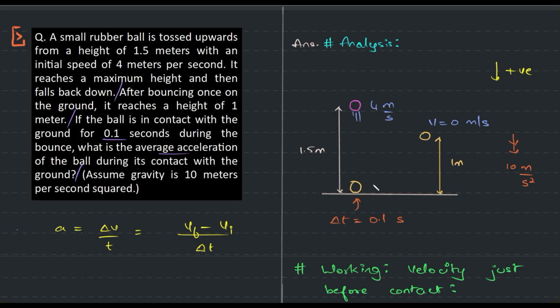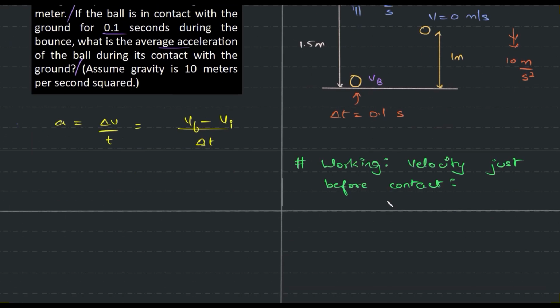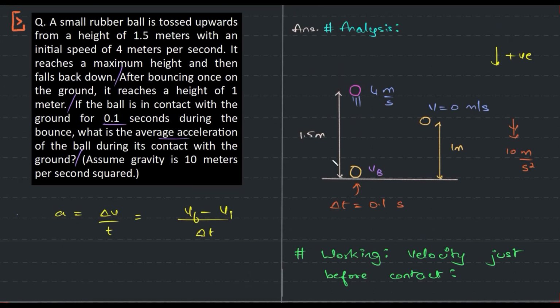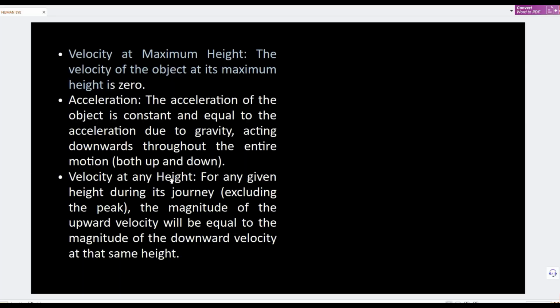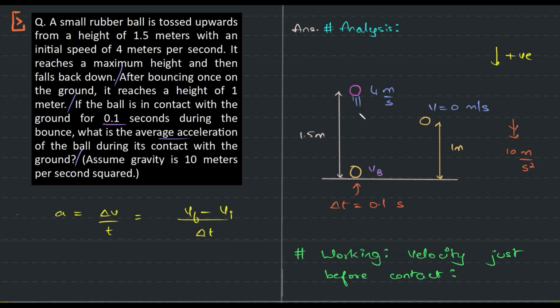How do we figure that out? So what is the velocity over here before contact? We know the height. We know that the object has an initial velocity of 4 meter per second because the object will go up and come down and it will have the same velocity that we have seen with all of this. Right? We have studied that.